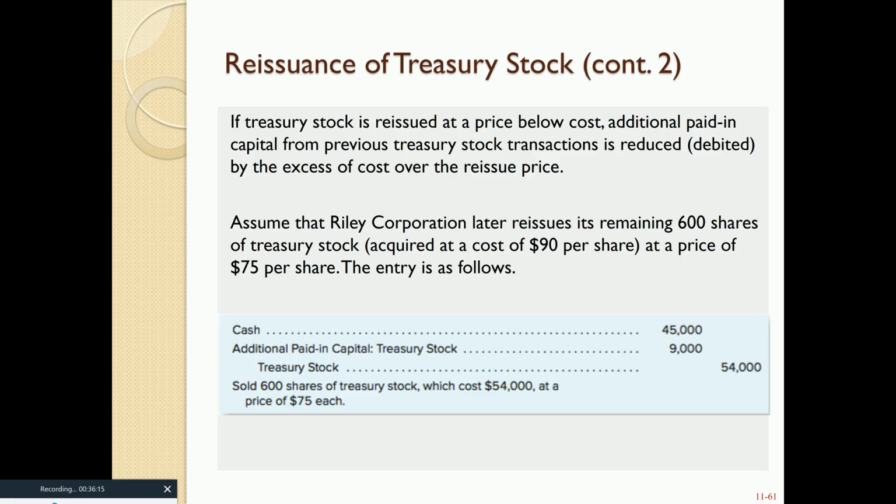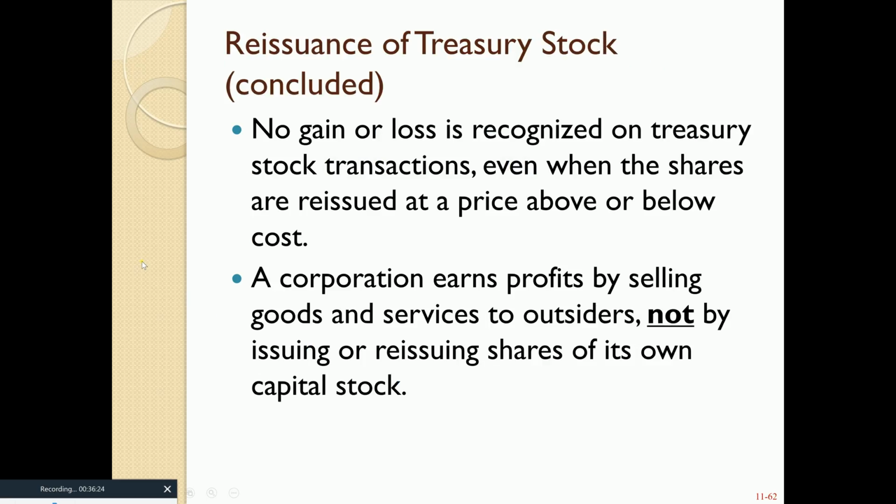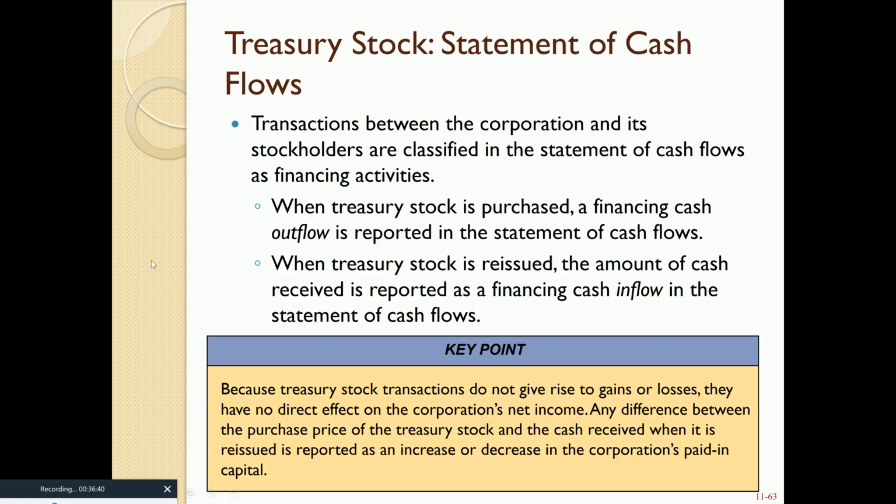All right, when we do, instead of debiting additional paid-in capital, you would debit retained earnings. You would never record gains or losses on selling treasury stock. That's not what the business is there for. The business is there to sell product or services and not earning gains and losses on selling their own stock. Okay, that's why we don't see any gains and losses here.